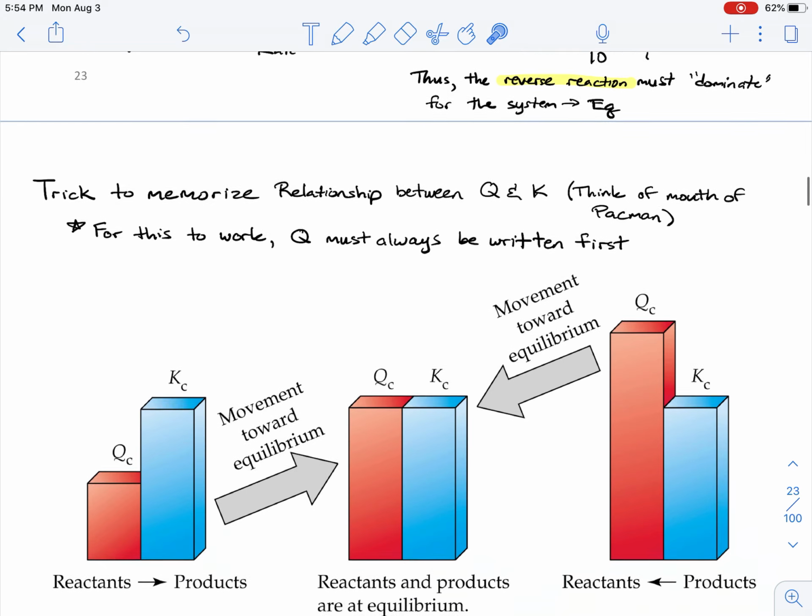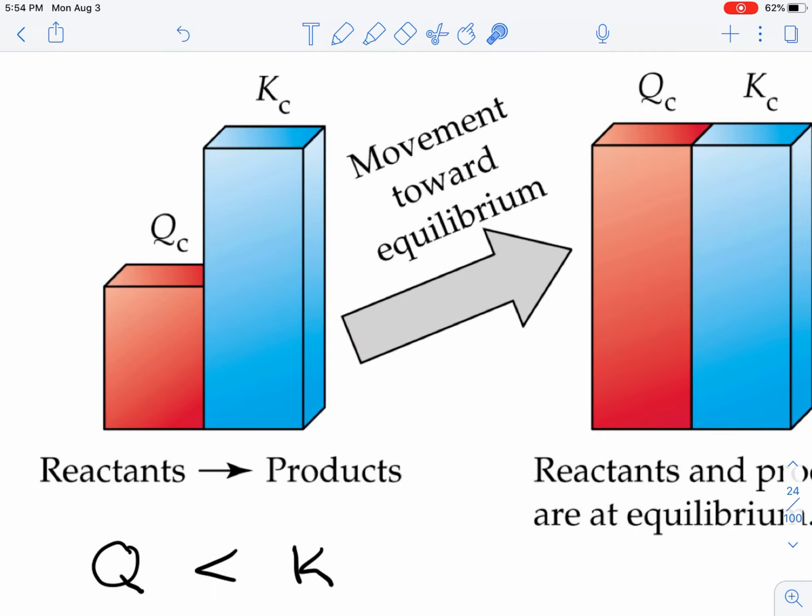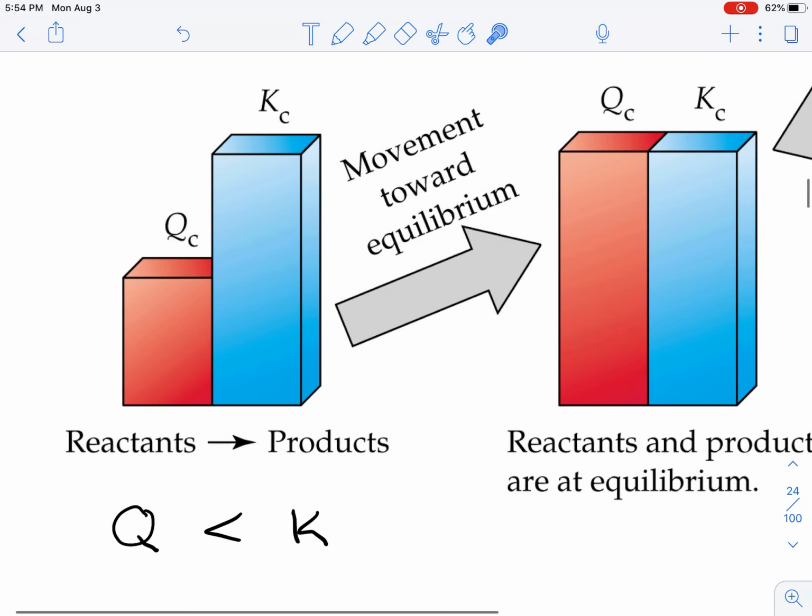And so one trick to memorize the relationship between Q and K is to think of the inequality as the mouth of the Pac-Man. Also, for this trick to work, Q must always be written first. And so what do I mean by this? Okay. And so if we draw a Pac-Man out of this inequality.